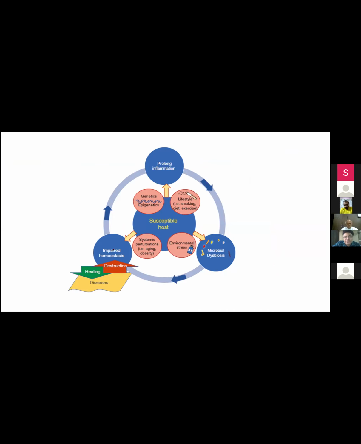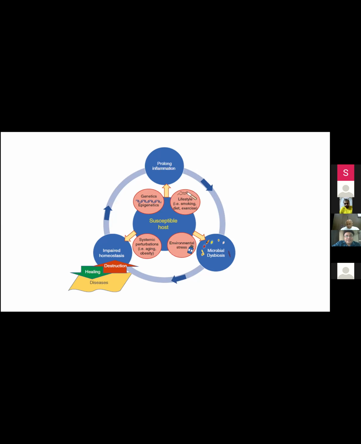This leads to impaired homeostasis. And then in an effort to control this and its subsequent failure, it leads to prolonged inflammation. So these things keep going in circle, one thing aggravating the other. So this is a never-ending circle, and we go on getting continuous destruction of the tissues.